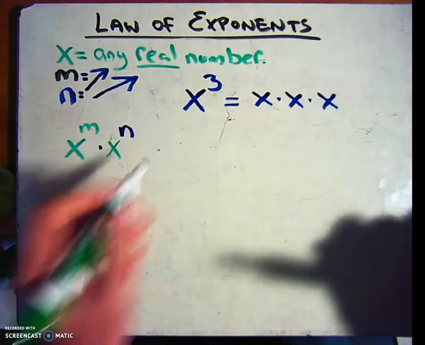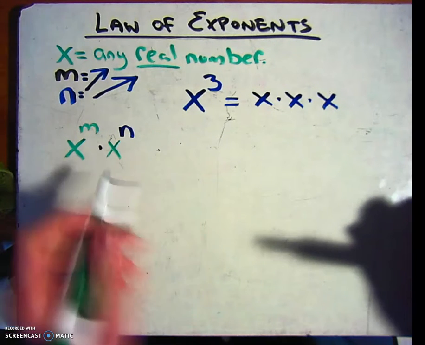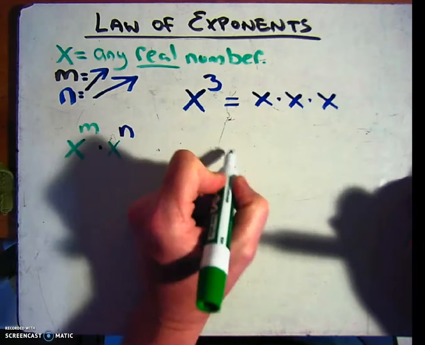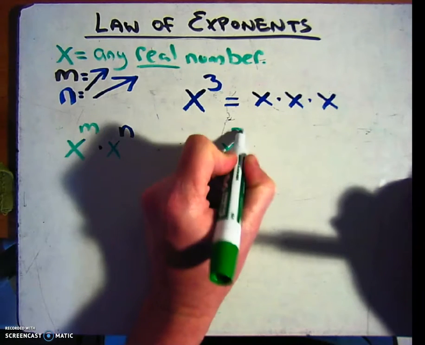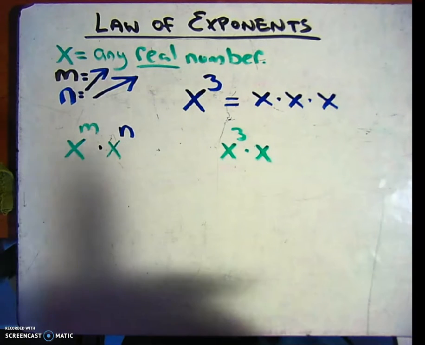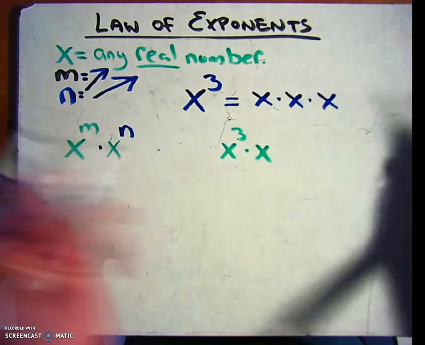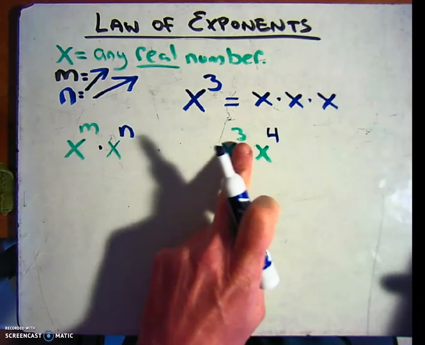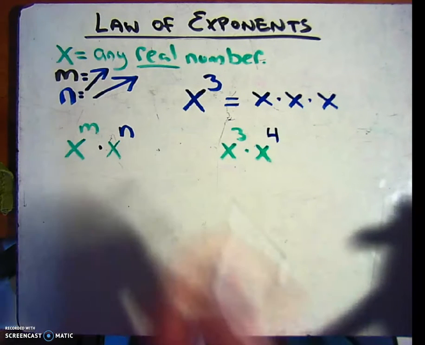Well, let's explore using real numbers. Let's say the m in this case stands for a 3, and the n stands for a 4. So we have x to the third power times x to the fourth power.